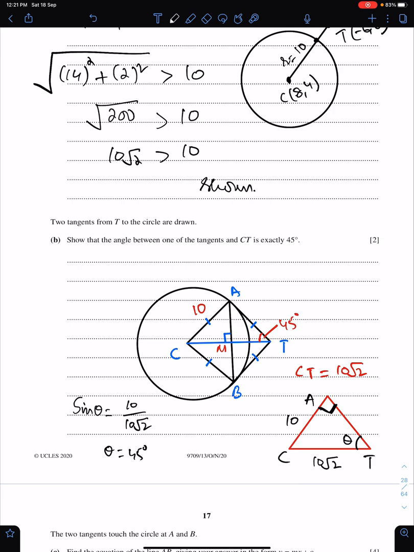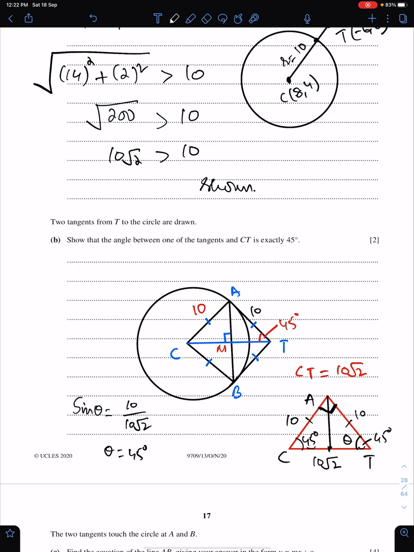So we have shown that this angle is 45 and this is 90. So this must be 45 as well, because total angle is 180. Since this is 45, this is also 45, so this triangle is isosceles. So these two lengths must be 10. And since this triangle is isosceles, this must be the midpoint of CT.